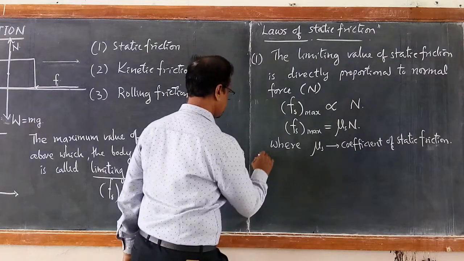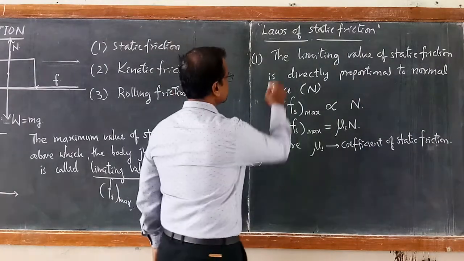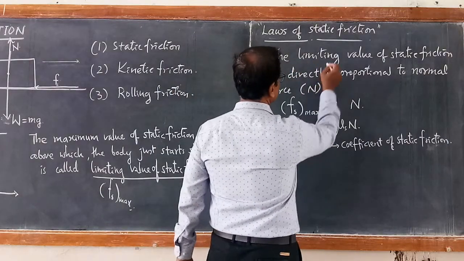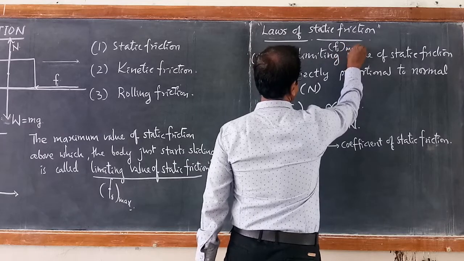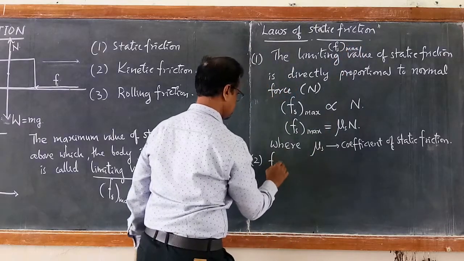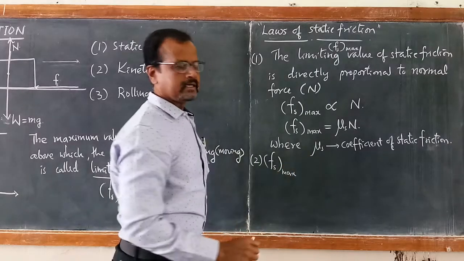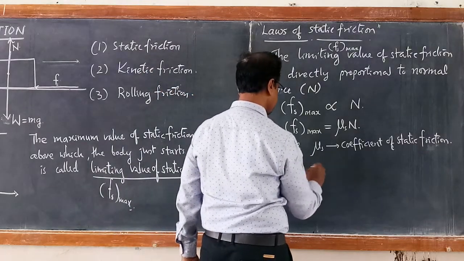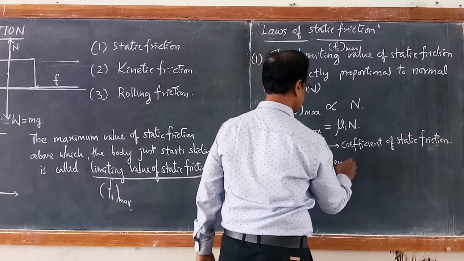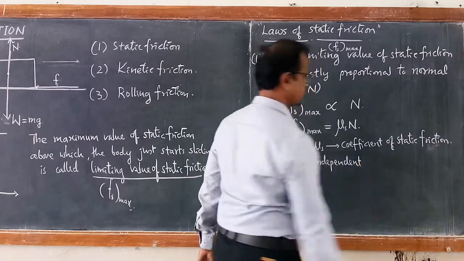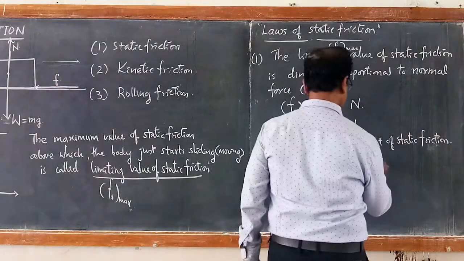Second, regarding the limiting value of static friction, which we denoted as Fs max: this Fs max is independent of surface area. Independent means it does not depend.